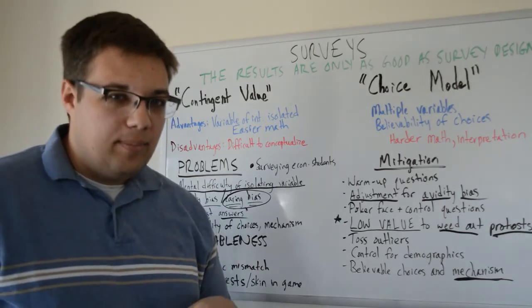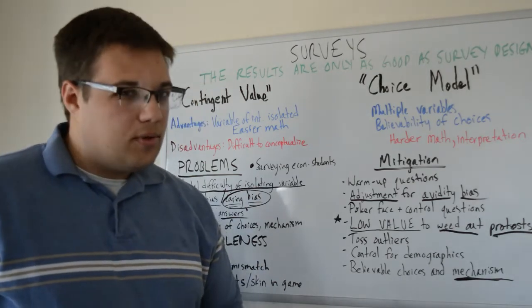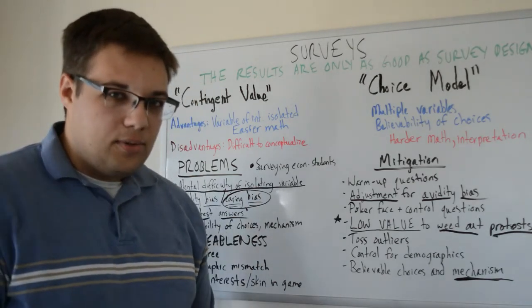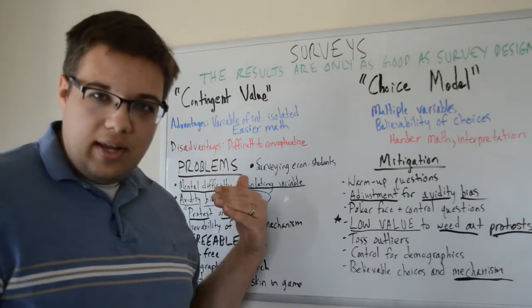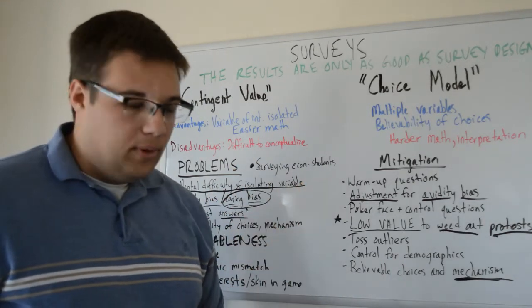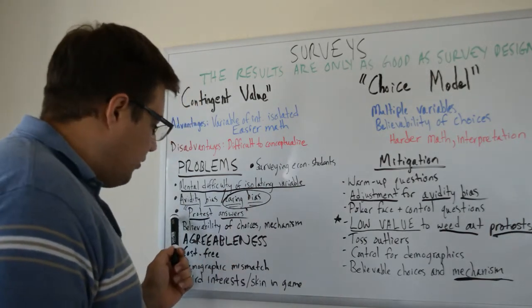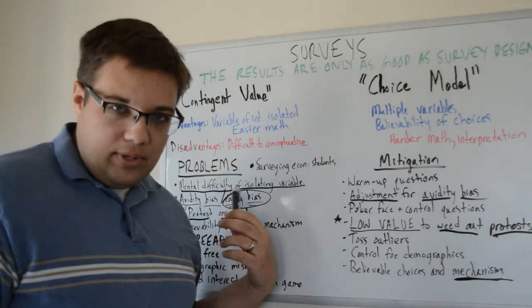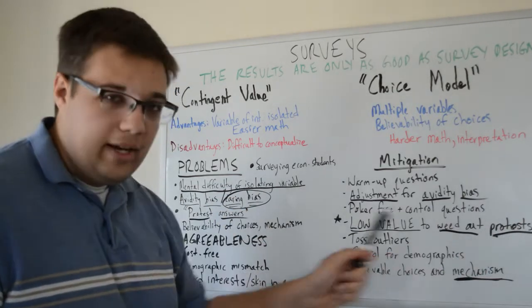Or would you be willing to pay just a specific entrance fee to this park? Or something like that, an authority that's closer to home that isn't associated with, say, the TVA stuff that we were just talking about. So that will get at least some people who are likely to give you a protest answer to give you a real answer. And then those who still do, you can kind of weed out with that really low value.